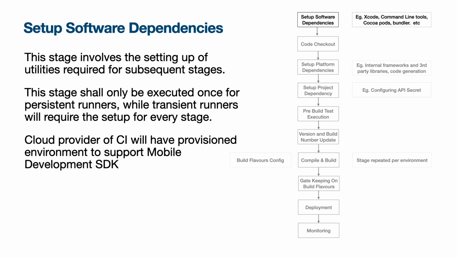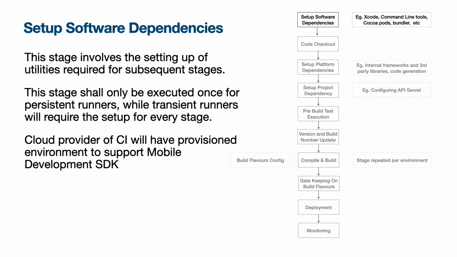The other aspect is installing the build system that is required to generate the artifact. This also comes under this stage. Now, if you are going with a cloud provider, if you are not self-hosting a runner, all these steps might not be required because the cloud provider would give a runner with this setup already provisioned.